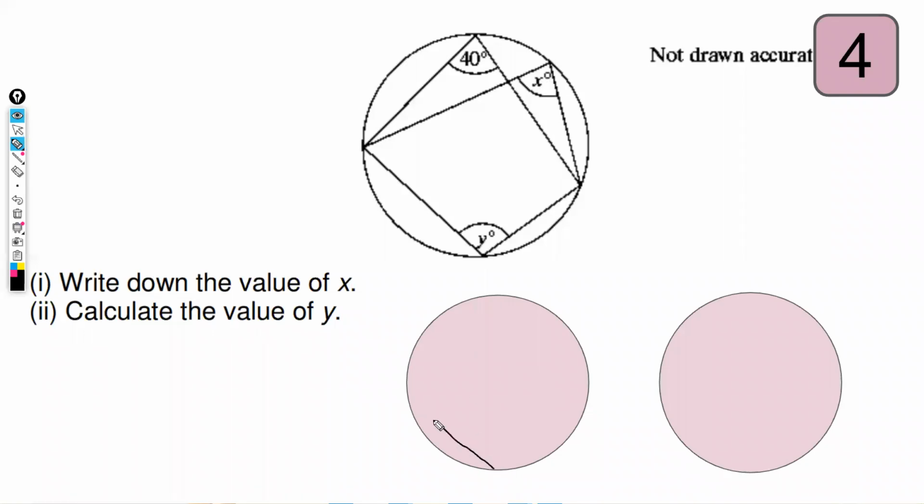So let's draw this line, go up to the 40, come back down to this point, and then connect back to y here. So if you look at it like this, right? Over here is what? 40, and over here is what? Y.